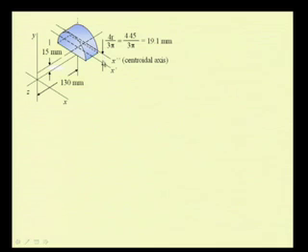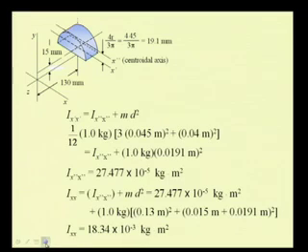So, this distance we know it is 4r by 3 pi, which is 19.1 mm. The other dimensions come from the geometry of the machine block or the machine element. So, we first determine the second moment with respect to the centroidal axis.